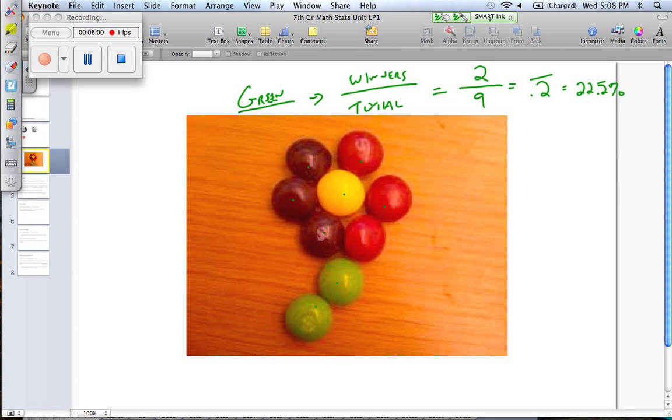That is the probability that I would get a green Skittle if I randomly picked one out of that group. The most important thing obviously is random, because if you're looking with your eyes, that's going to change the probability. Hopefully this is a nice easy review and you can fly through these examples.